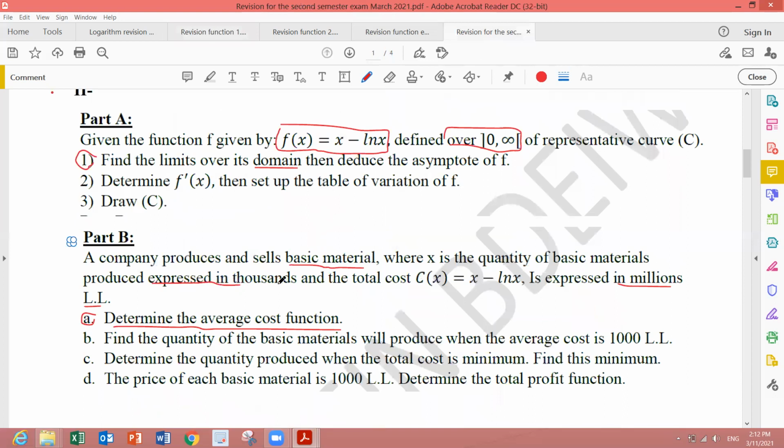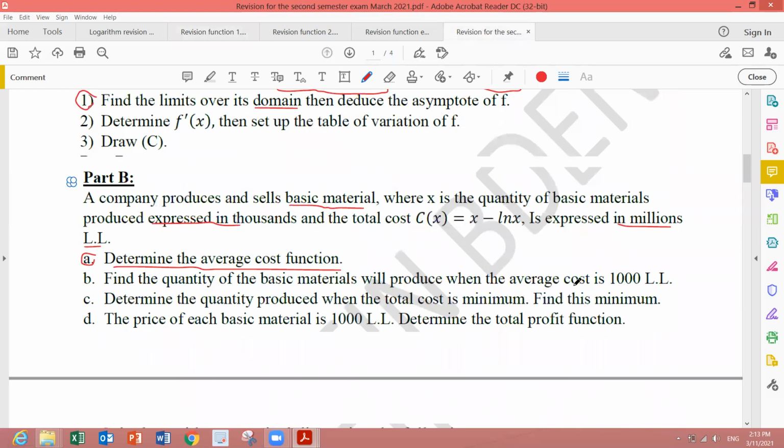Find the quantity of the basic material produced when the average cost is 1,000. This should be 1 million, not 1,000; it is not correct.